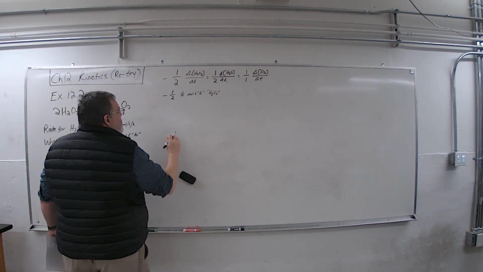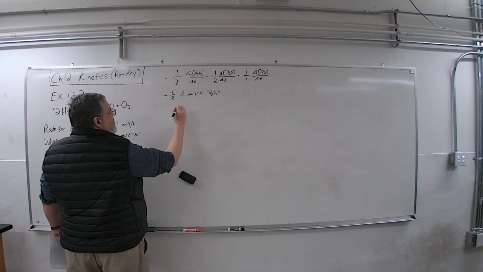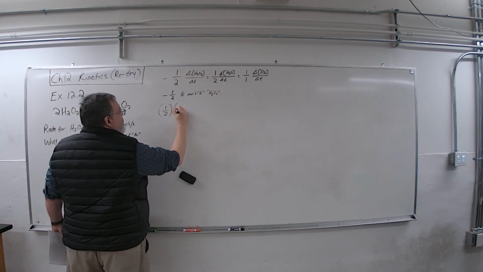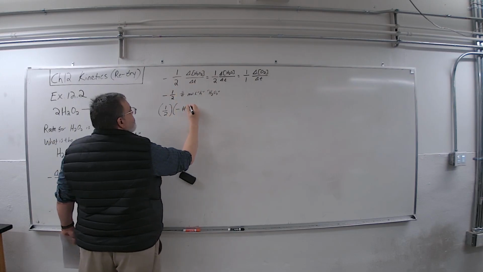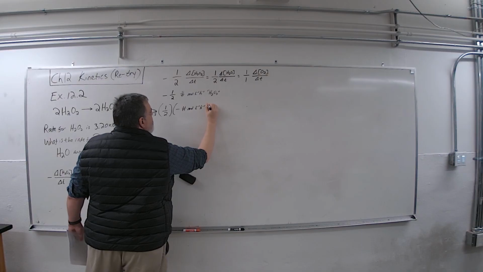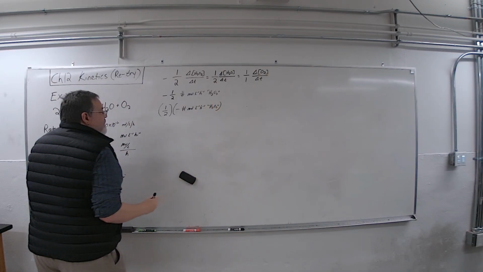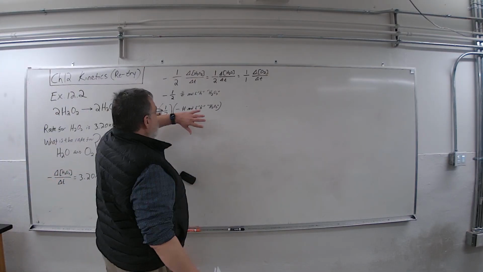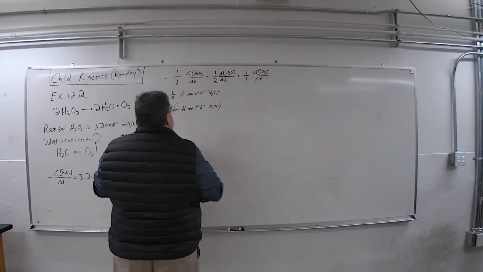And if I put the negative on here, then I have 1/2 negative, essentially this. And since this is equal to this, this is what I'm going to write in here.